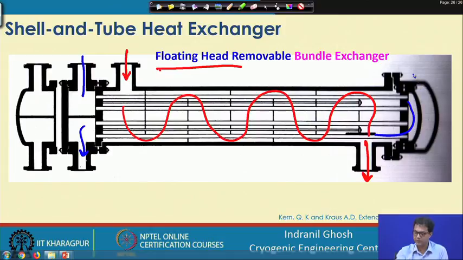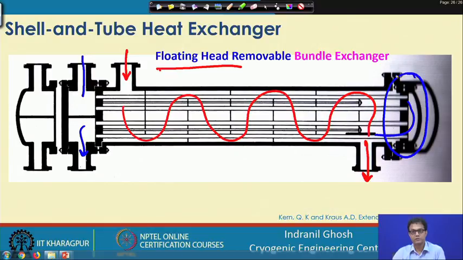But why this complicacy we have in the design of this exchanger? Now you can understand that there may be situations where the tube side and the shell side fluids are of pretty different temperature, and that may result in some kind of thermal stress generation. Thermal stress will be generated if the shell and the tube are getting elongated at a different rate.